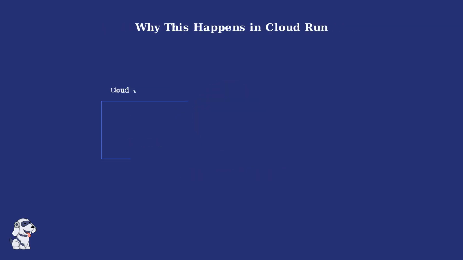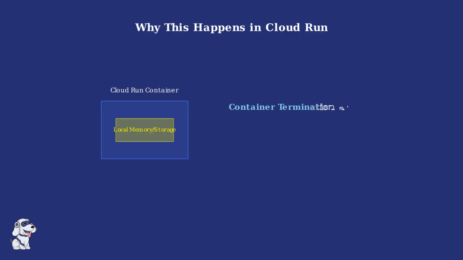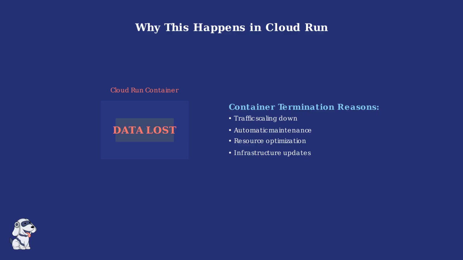This happens because Cloud Run containers are ephemeral. Google's infrastructure can terminate them for various reasons: scaling down during low traffic, performing maintenance, optimizing resources, or updating the underlying infrastructure. When a container terminates, everything stored in its local memory or file system is permanently lost. There's no backup, no recovery.